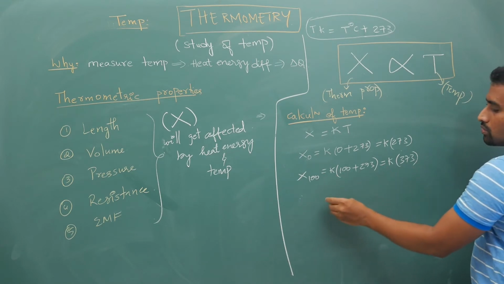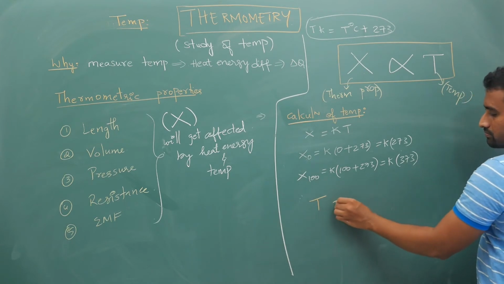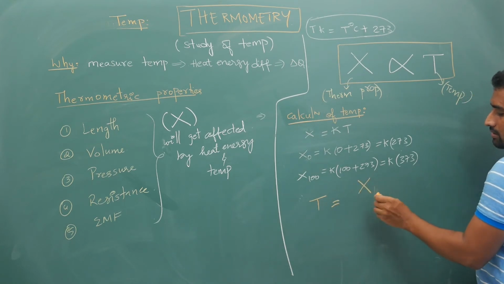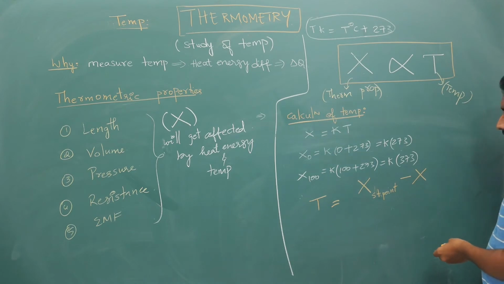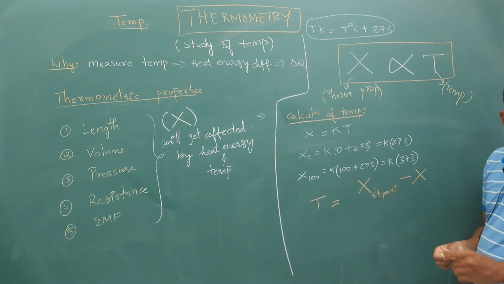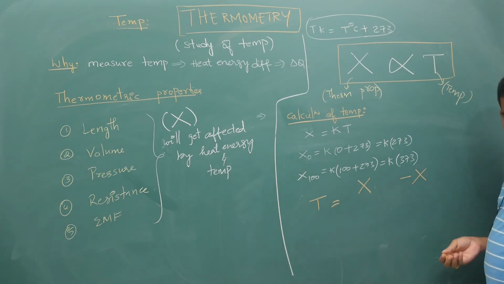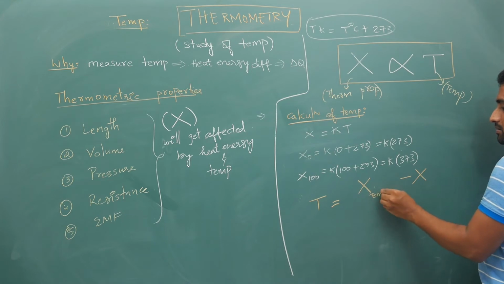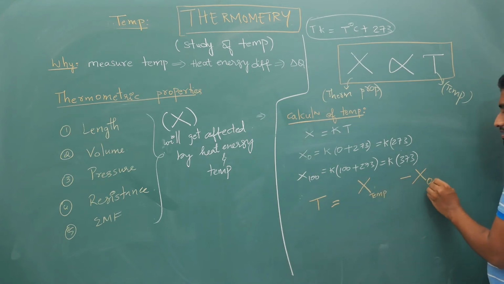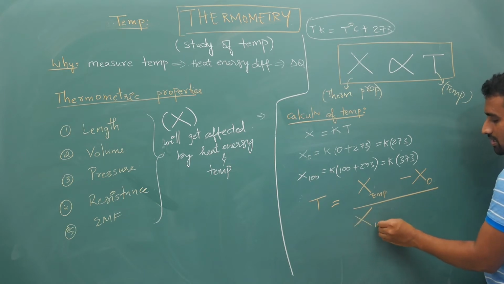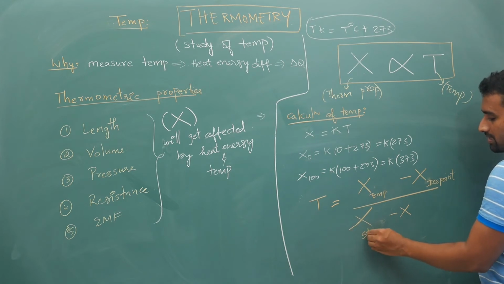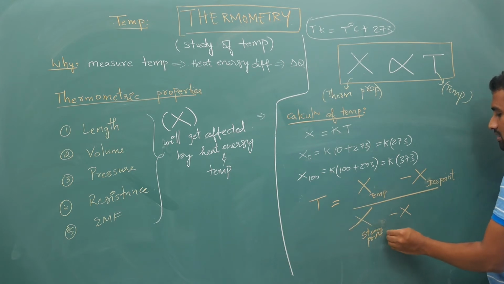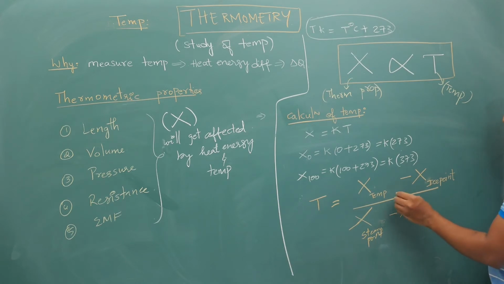Now to get the temperature, your T will be the thermometric property at the required temperature, minus the thermometric property at ice point, divided by the thermometric property at steam point minus the thermometric property at ice point.